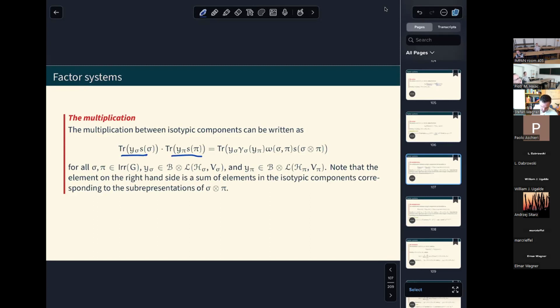I multiply gamma sigma, and then I apply gamma sigma to y of pi. Then I multiply with the cocycle, and then I have the isometry that corresponds to the tensor product representation. So again, the multiplication between isotopic components is captured by the S, by the omegas, and by the gammas here.